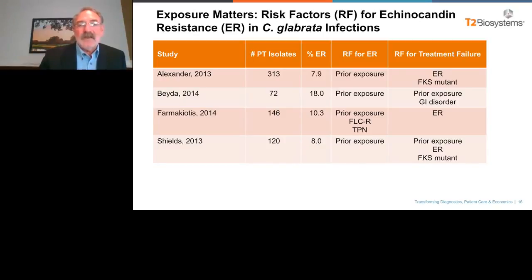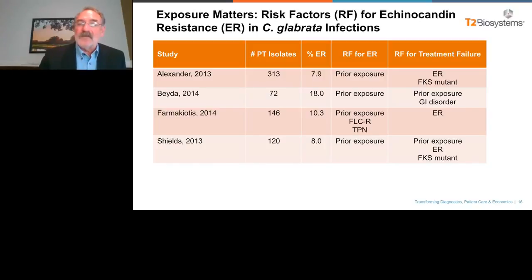That is a figure that almost precludes the use of an echinocandin for empirical coverage of Candida glabrata without susceptibility tests. Certainly if patients have been on an echinocandin prior to documented infection, that is a risk factor for echinocandin resistance. In all 4 of these studies, prior exposure to an echinocandin has been found to be an independent risk factor for echinocandin-resistant Candida glabrata.